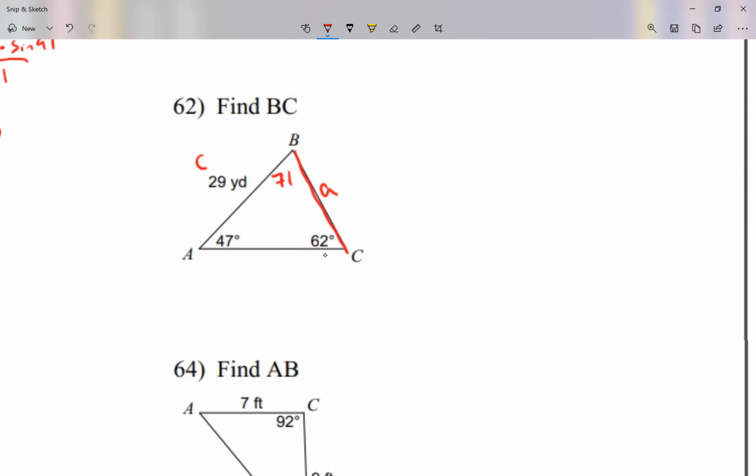It says find BC. The side BC is what we call side A. So I'm just going to write A over sine of 47 equal to 29 over sine of 62. Let me multiply both sides by sine of 47.